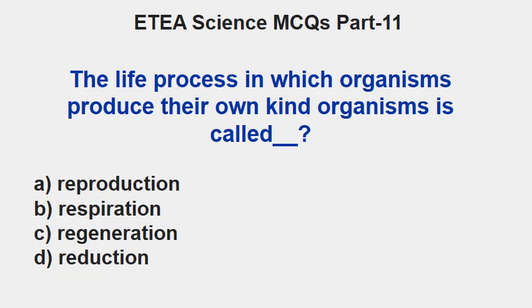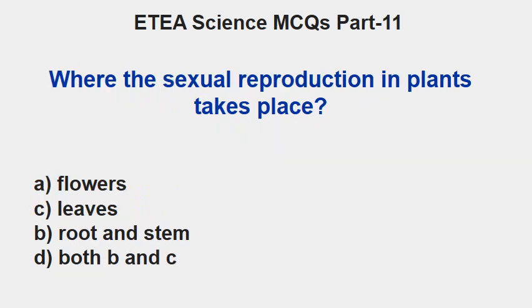The life process in which organisms produce their own kind organisms is called? Where the sexual reproduction in plants takes place?